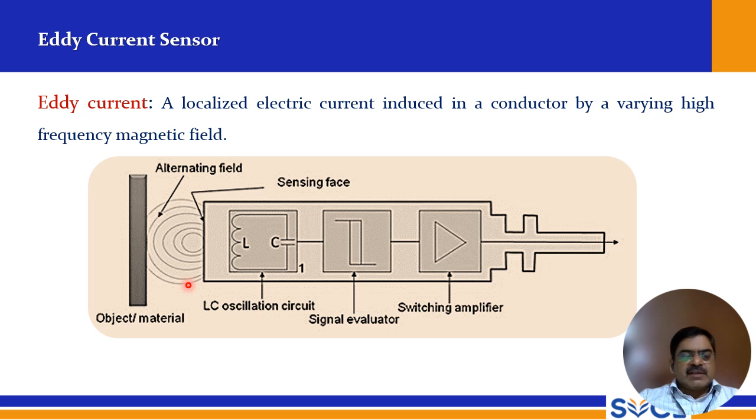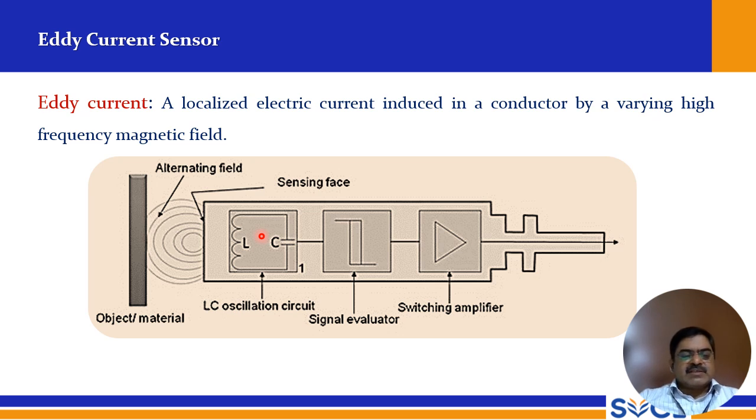That will carry localized electric currents. Now localized electric currents will be induced in this magnetic field, and this gap should be maintained at an appropriate distance. And here this is the LC circuit. LC is the oscillation circuit, or it is also known as an oscillator.